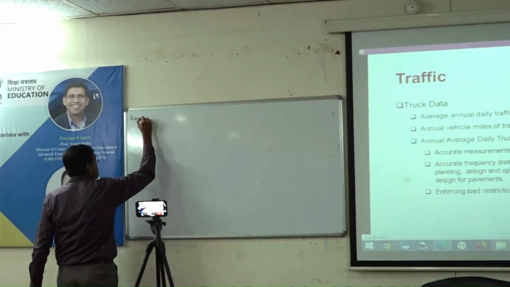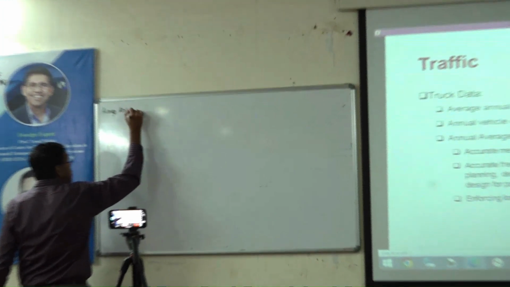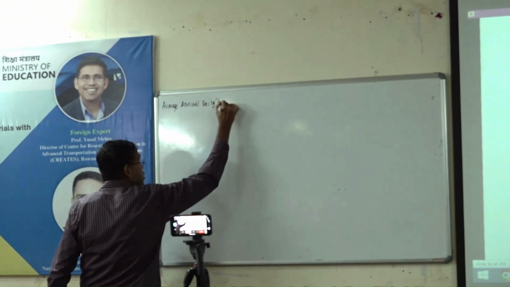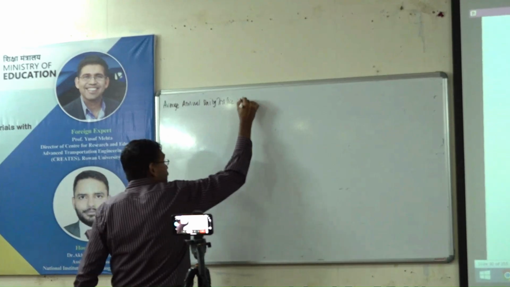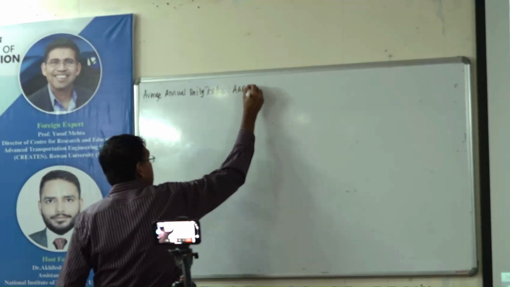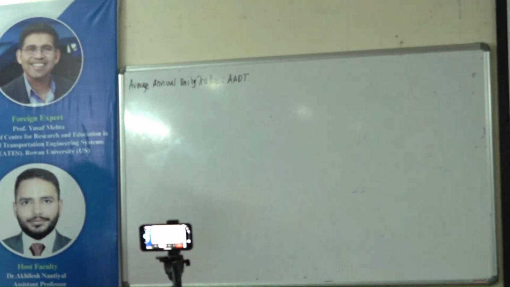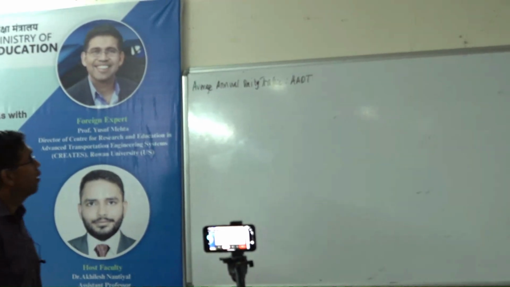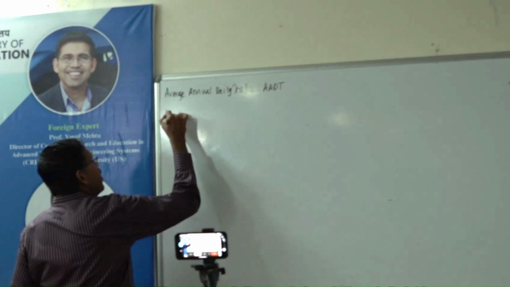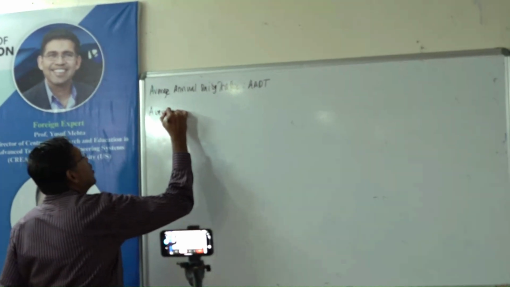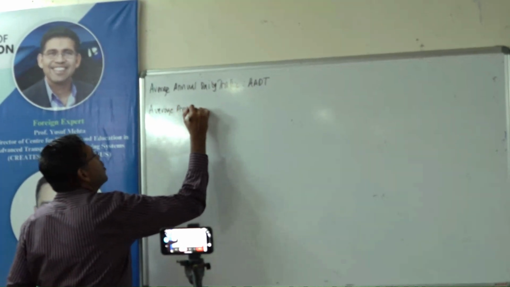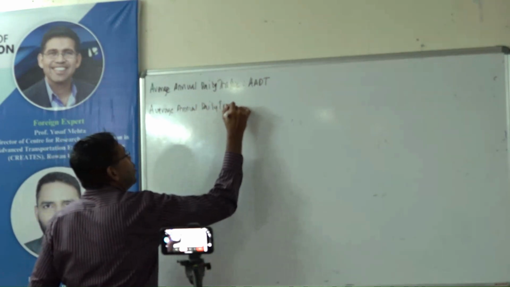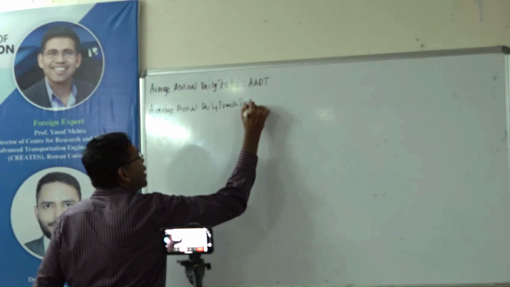Average annual daily traffic, AADT, very straightforward. That could be two-way, so on and so forth. Then you have average annual daily truck traffic. I need to write this down because I'm going to come back to some math here.